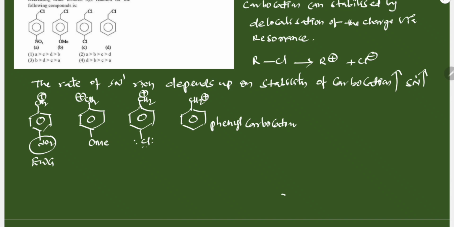Generally, what about a carbocation? Carbocation stability is directly proportional to the number of positive inductive effect groups. This is the concept of carbocation stability.